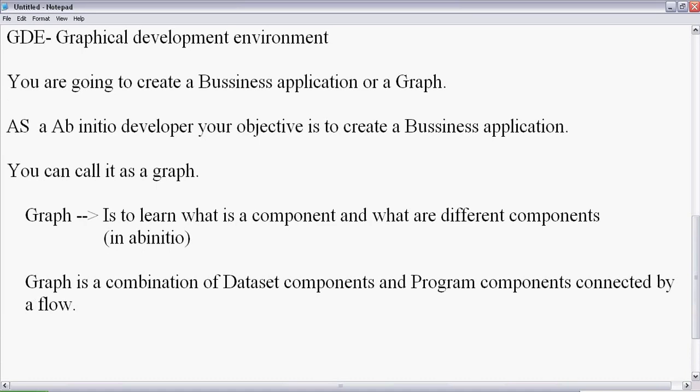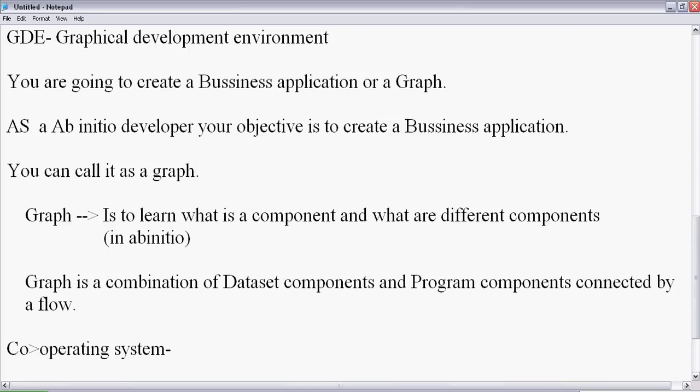Now the cooperating system. What is the cooperating system? It will take your graph and run it. Whatever graph you made, it will take it and execute it. If there is any error, it will show you the error message.